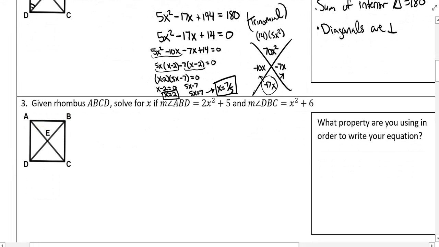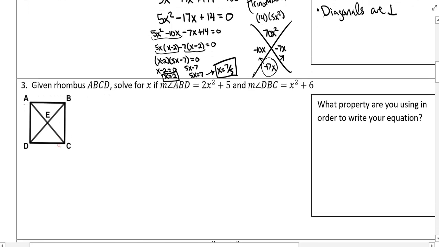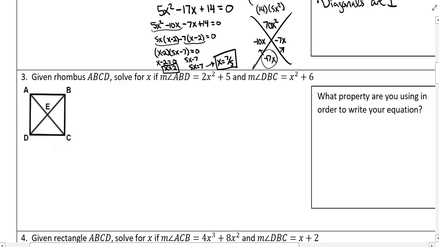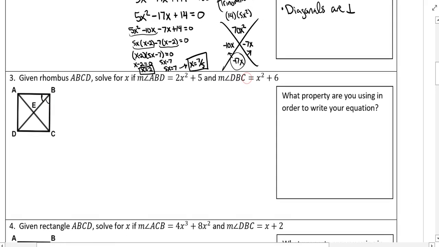Number 3, we're told we have a rhombus. And we're looking at ABD right in here, and DBC right in here, and we know they're congruent because diagonals bisect opposite angles.